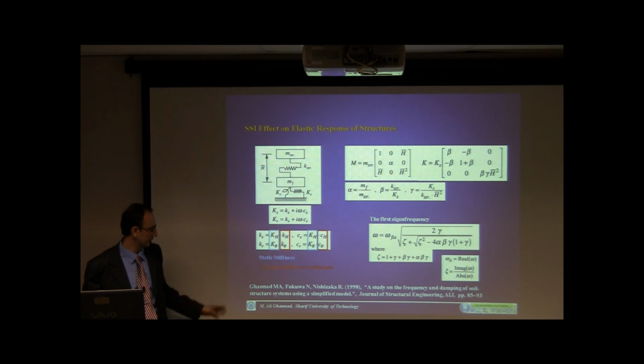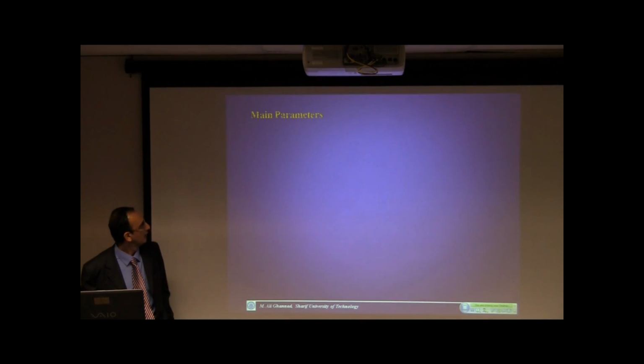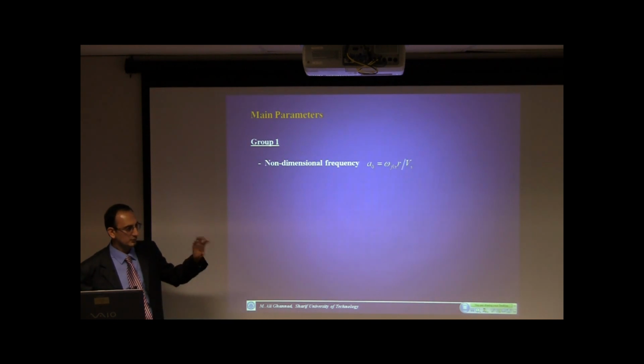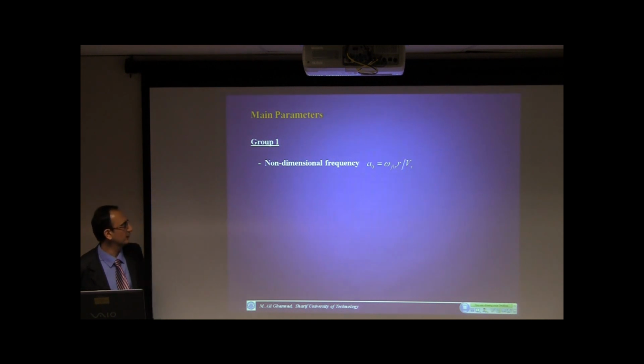It's one of our works that I did with Professor Fukuwa. It can be shown that the eigenfrequencies of the system, the period and damping, can be defined based on some non-dimensional parameters.